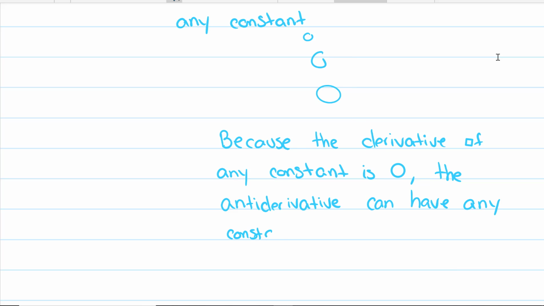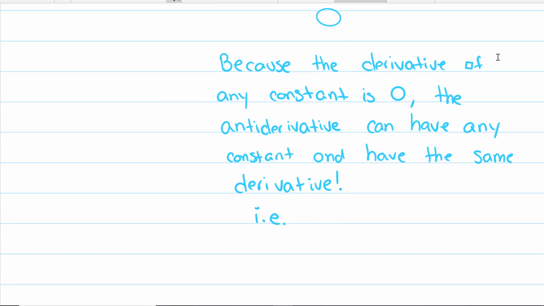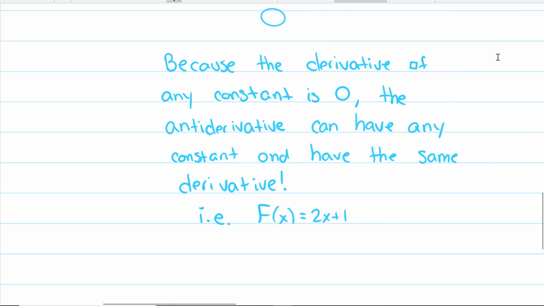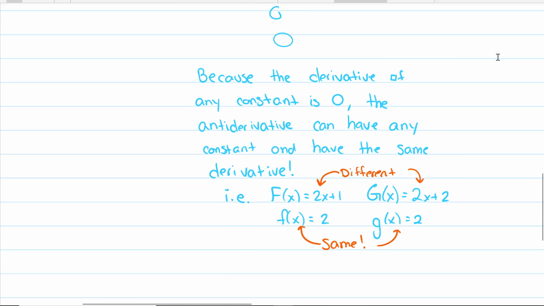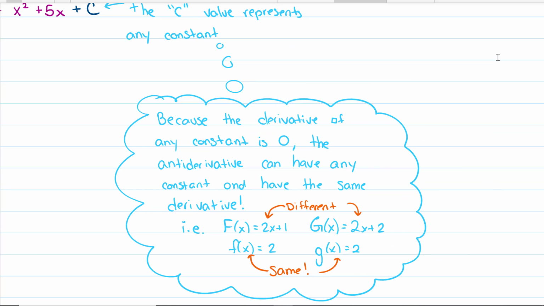So in the example, capital F of x equals 2x plus 1, and capital G of x equals 2x plus 2. We take the derivative of each, and we get f prime of x equals 2, and g prime of x is equal to 2. Notice the derivatives are the same, even though their antiderivatives are different.